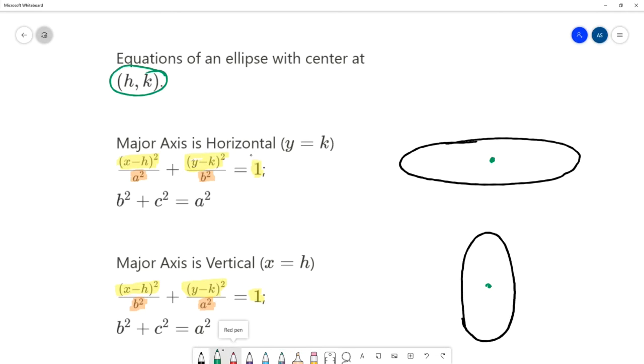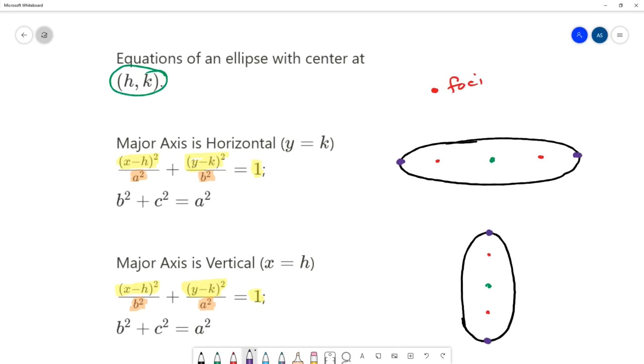And with the center, we have foci, which occur horizontally on the horizontal orientation and occur vertically on the vertical orientation. So in red we have the foci. And then we also have vertices, and the vertices occur horizontally on the horizontal orientation and vertically along the vertical orientation.